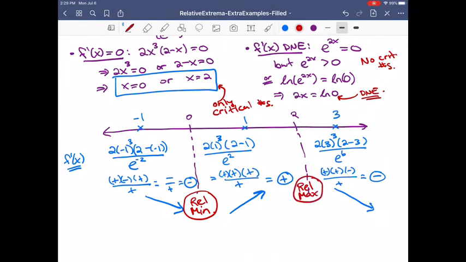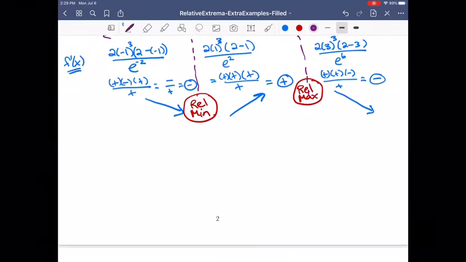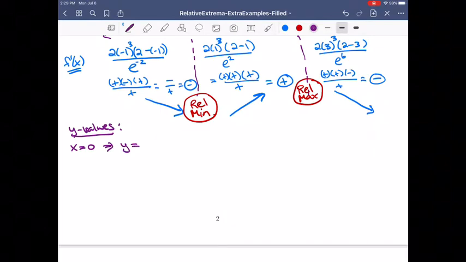Okay, so we should find our critical points. So we need the y values. Okay, so when x is 0, my y value is f of 0, which is going to be 0 to the 4 over e to the 0, which is 0 over 1. Okay, so 0.